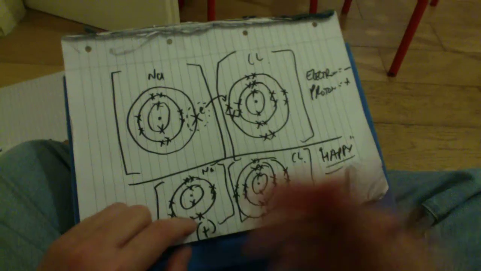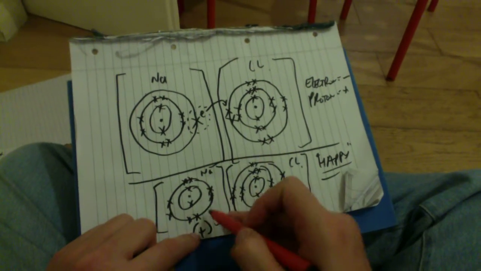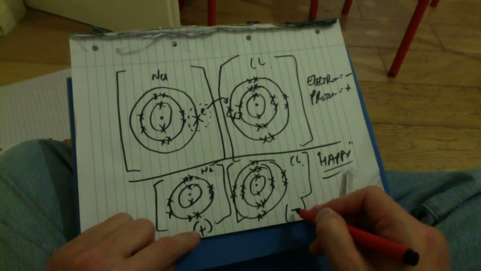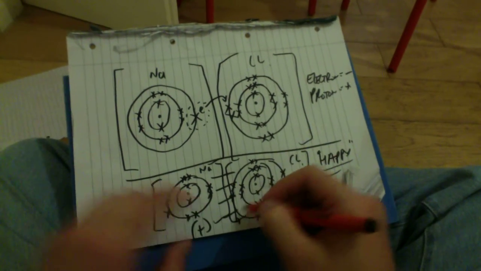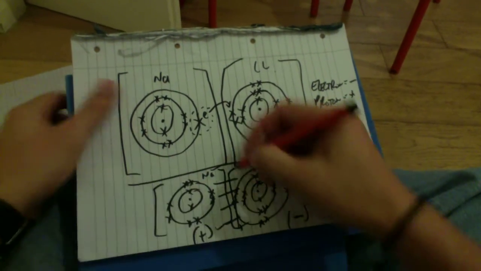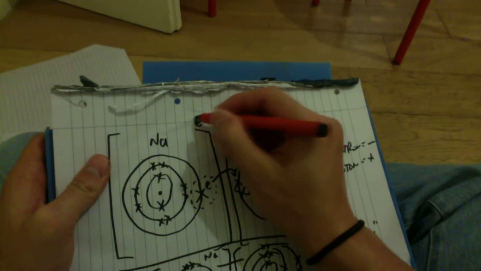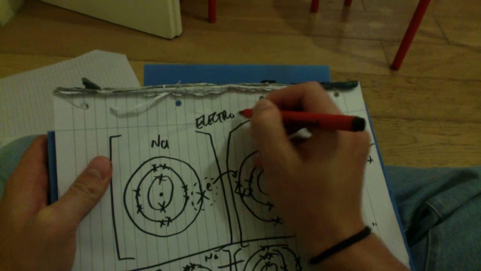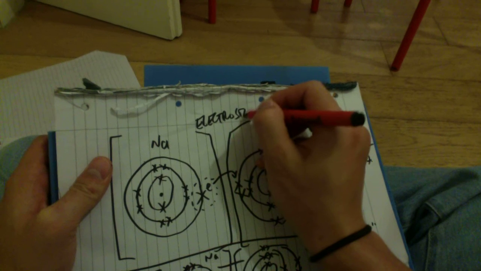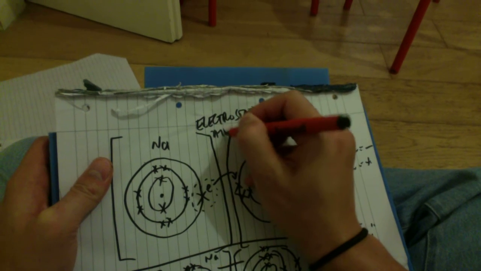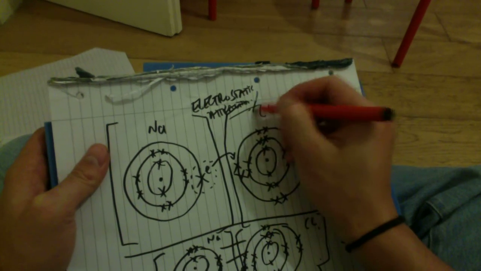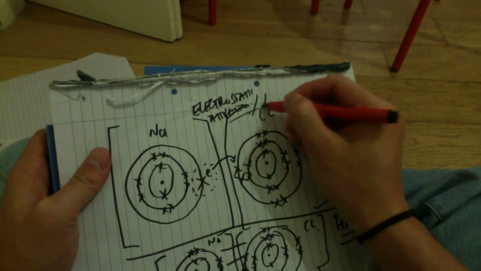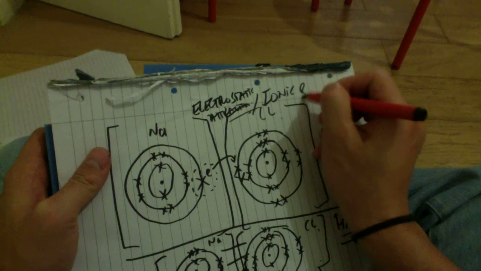And so let's think of a battery. The overall positive charge on the sodium and the overall negative charge on the chlorine creates what's called an electrostatic attraction, also known as an ionic bond.